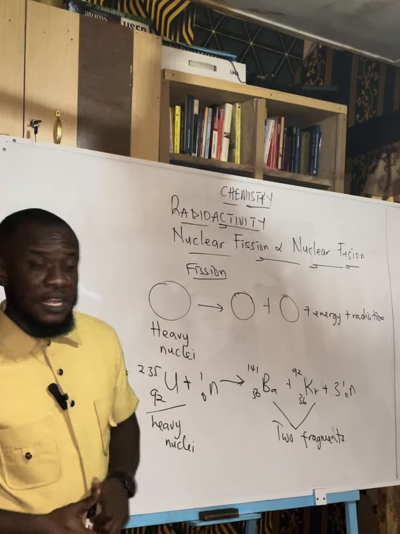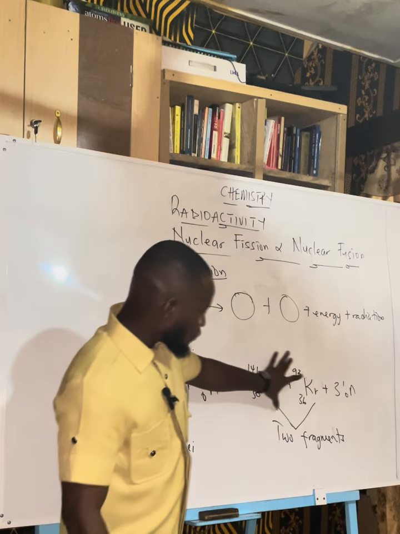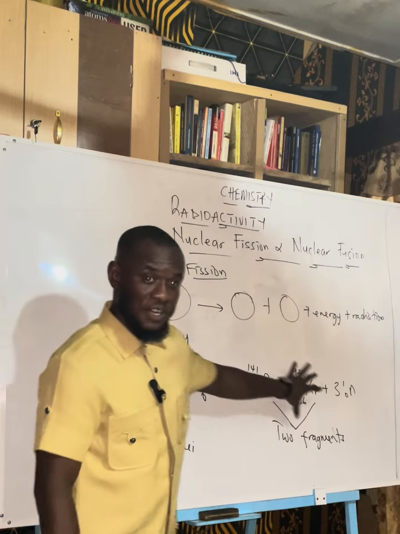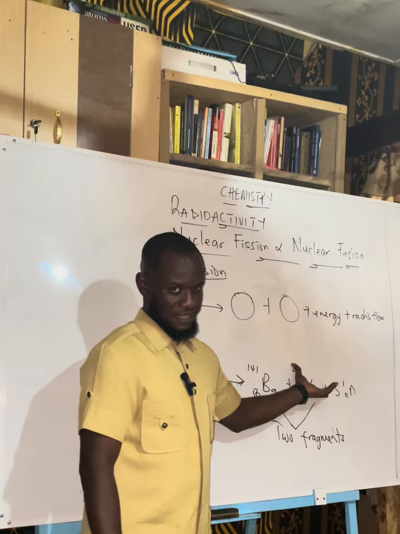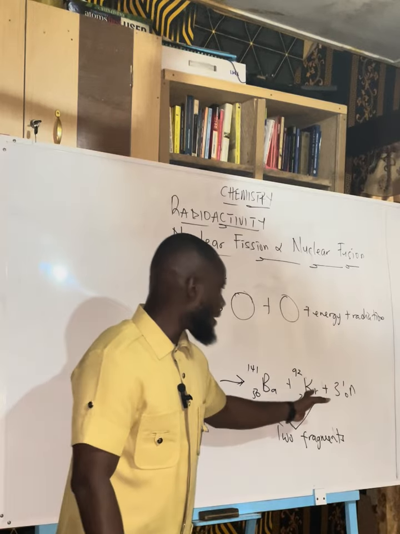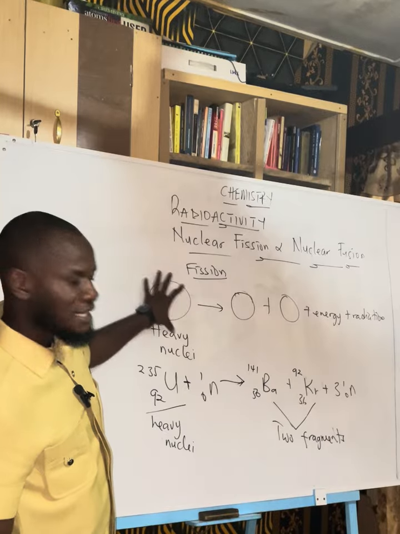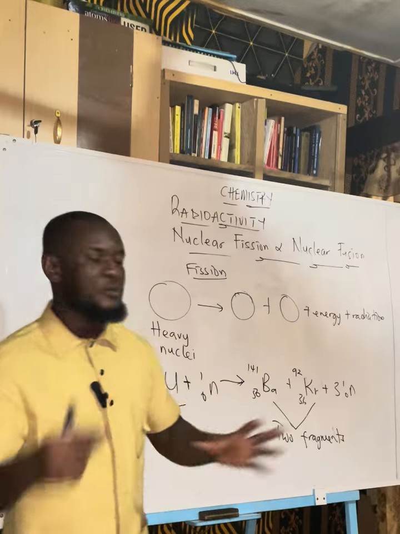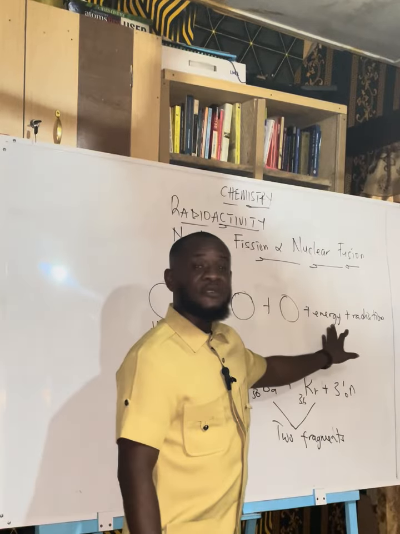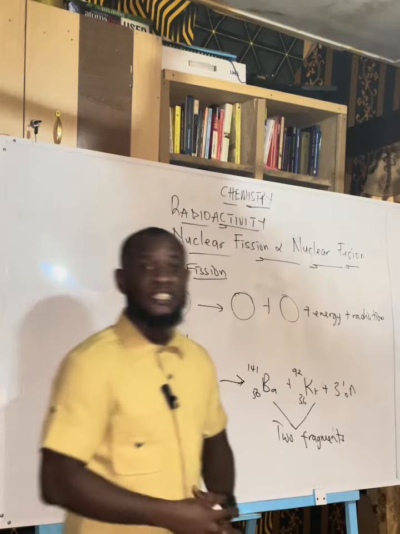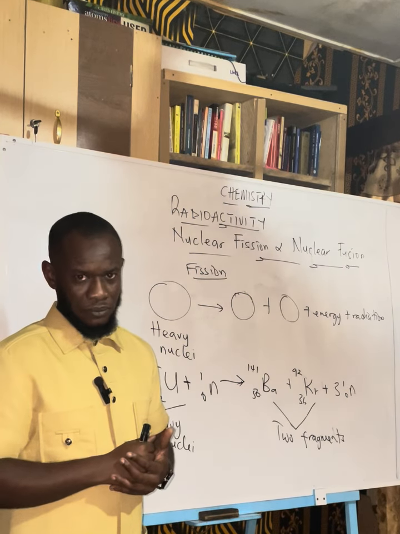So the heavy nuclei, which is uranium-235, has split into two main fragments. So we have barium-56 and krypton-36. So when that happens, a heavy nucleus splitting into two approximately equal fragments, at the same time releasing energy and radiation, is what we call nuclear fission.